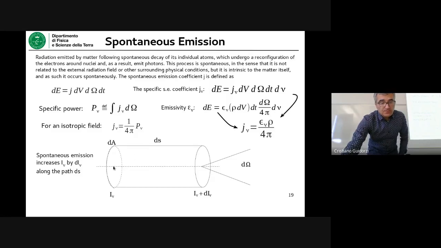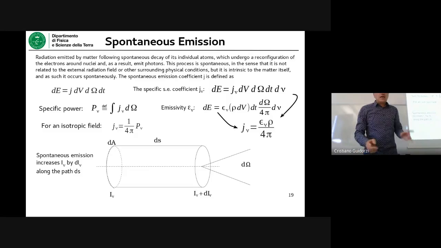We wonder now, let's assume that the intensity here, where dA lies, we call I nu. We wonder now, what's the value of I nu on the other side of the cylinder, here? So in general it will be I nu plus d I nu, the change of which we have no idea what it is.